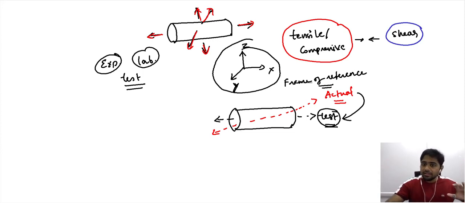Now, we saw that when we want to describe the loading condition that a material actually experiences, all we need to do is relate it to the test condition that we have studied. When you focus on the test condition, the cross-sectional area that we consider, the area of our interest, is this. It is along this area that we describe our stress.